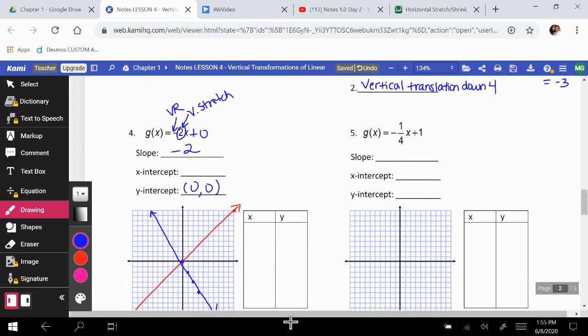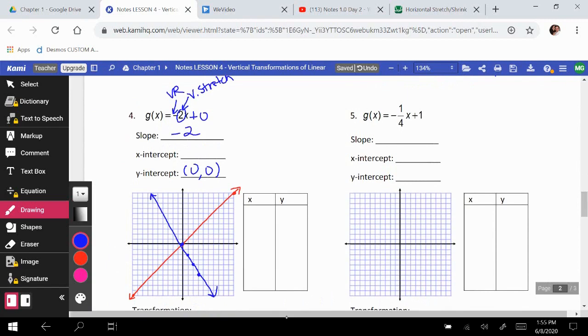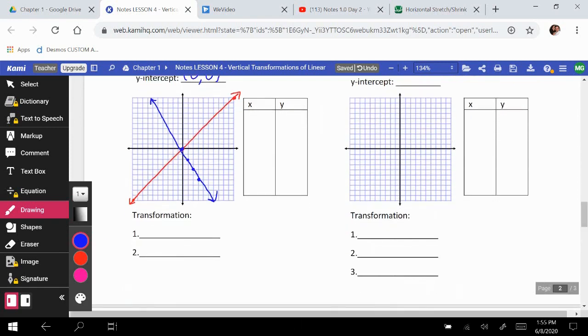Okay, so did that happen? Did I see my graph flip? Yeah, I absolutely did. Does it look like the slope of the blue line is steeper than the slope of the red line? Yeah, it does. So the flip is because of the vertical reflection.